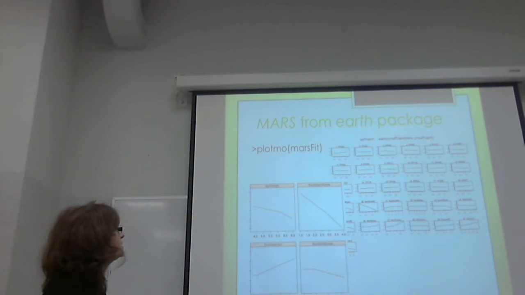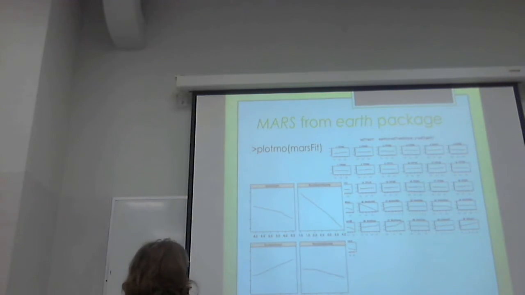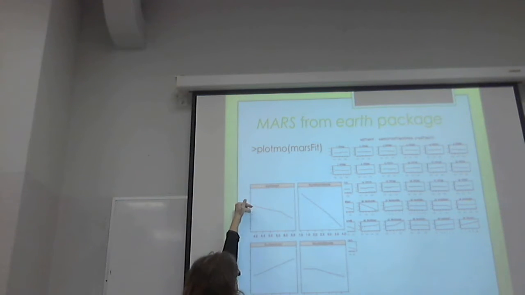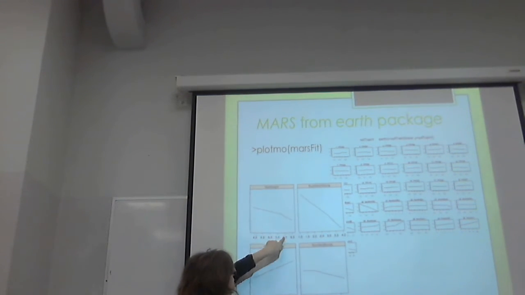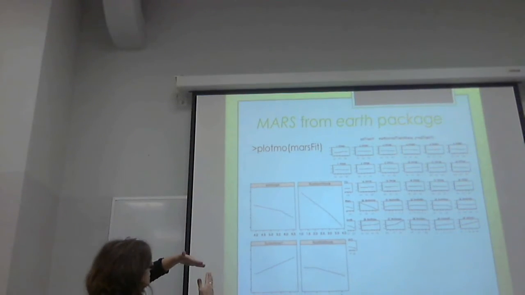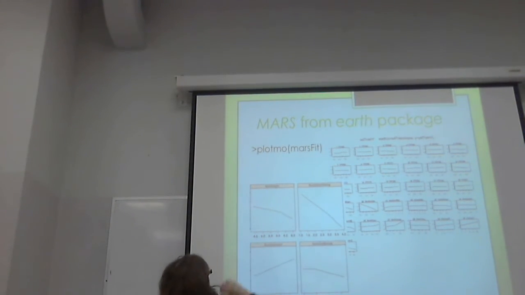So Mars works by taking just one variable, say, and doing an approximation with a piecewise linear function. Doing just one, looking for the one point that would be an angle between two lines. Do the approximation.